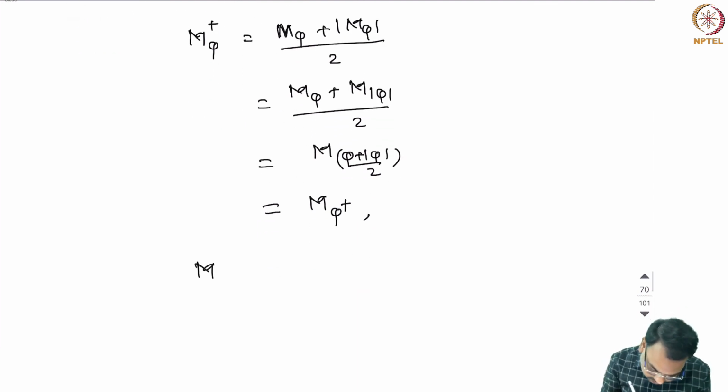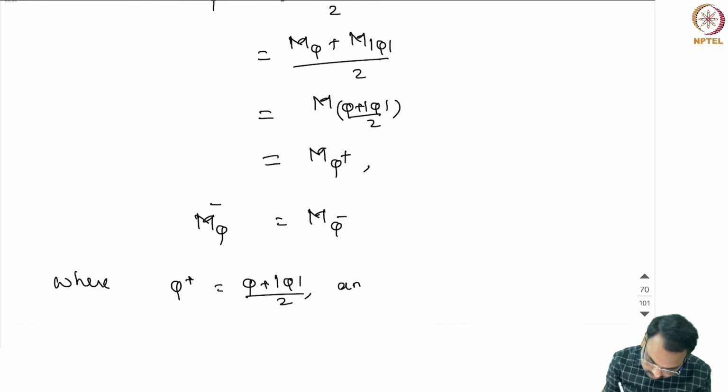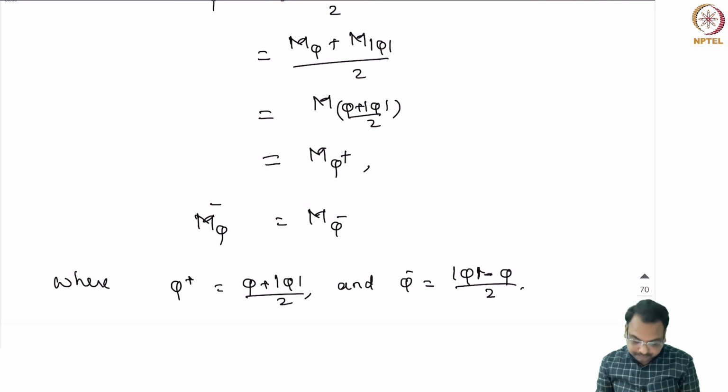Similarly, we can show that (M_φ)⁻ is M_{φ⁻}, where φ⁺ is (φ+|φ|)/2 and φ⁻ is (|φ|−φ)/2. Okay.